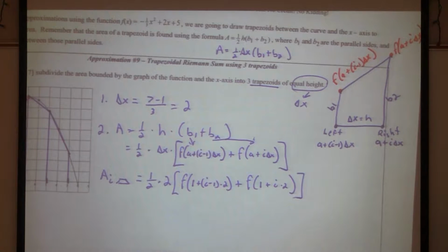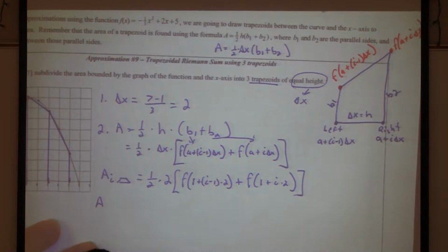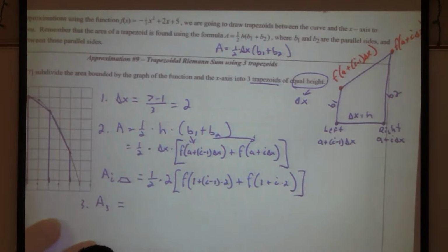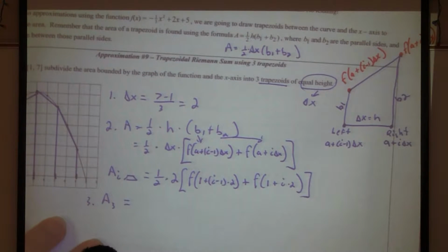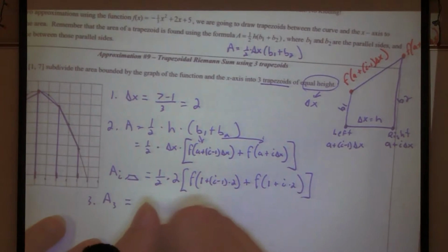Easy? Can we write the summation formula in case I do have a problem like this and I want to get the answer quite quickly? So let's find the summation formula. I wanted to find all 3 areas and add them all up for me really quickly. So what would we write?